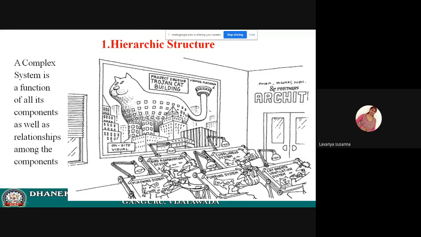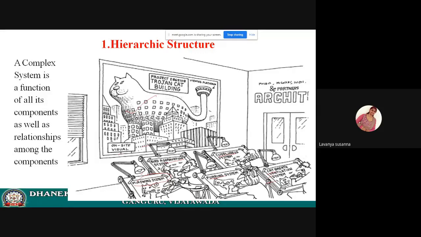There are many systems, something like meow system, aggregation system, cuddling system, purring system, cat breathing ventilation system. If this cat wants to perform its functions, all these systems must work together. There must be some interrelation between them. This is just a simple cartoon so that you can understand.